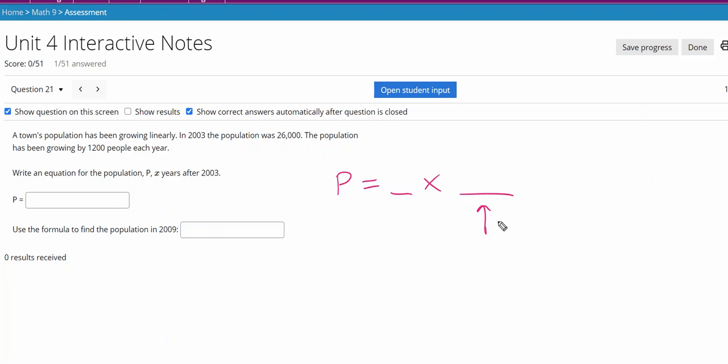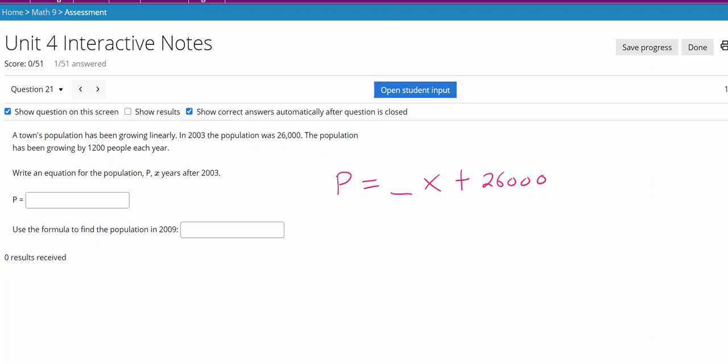That was the population in 2003, at the beginning. So in my equation, this will be something plus 26,000. That's where we're starting. So even when X is 0, we still have 26,000.